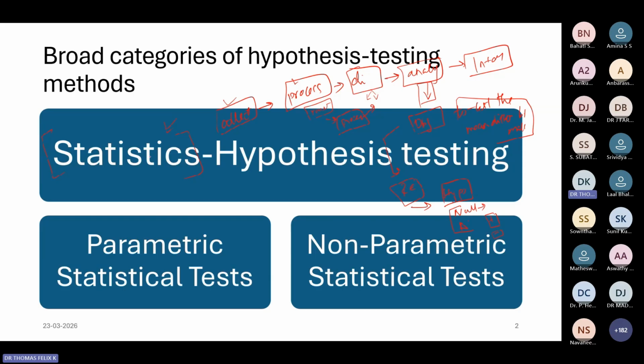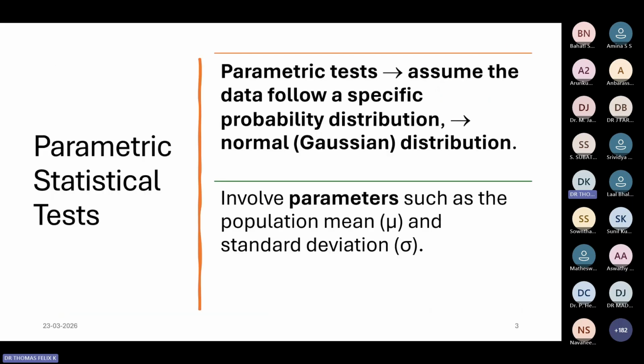Generally, hypothesis testing is classified into two categories: parametrical statistical test and non-parametric statistical test. In the first lecture, we will cover the parametrical statistical test. In the second lecture, I think madam will take care of the non-parametrical statistical test. Hope you know the basic thing.